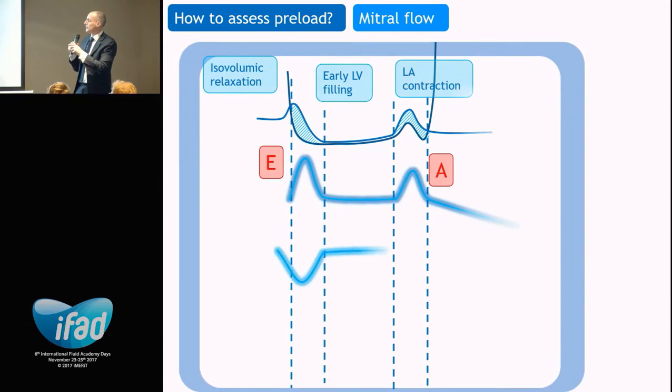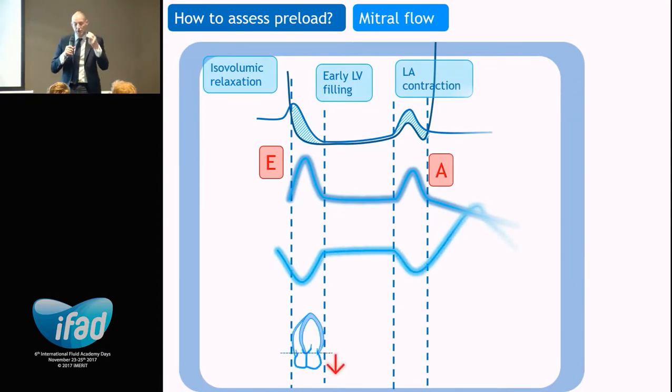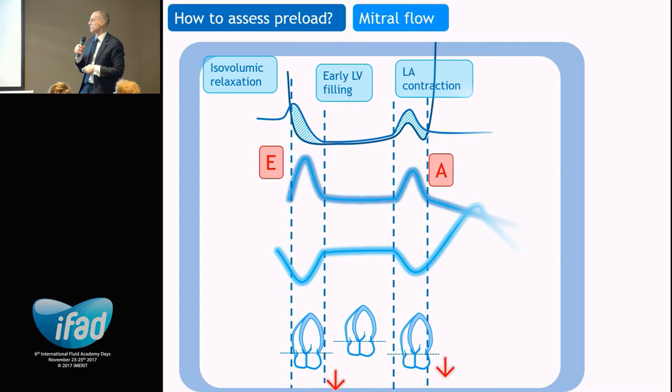And so if you look at the velocity of this mitral annulus, you see that it moves away from the probe at the beginning of diastole, and by contrast, then it moves again during the left atrial contraction. Okay, and this is the continuous and cyclic motion of the mitral annulus.